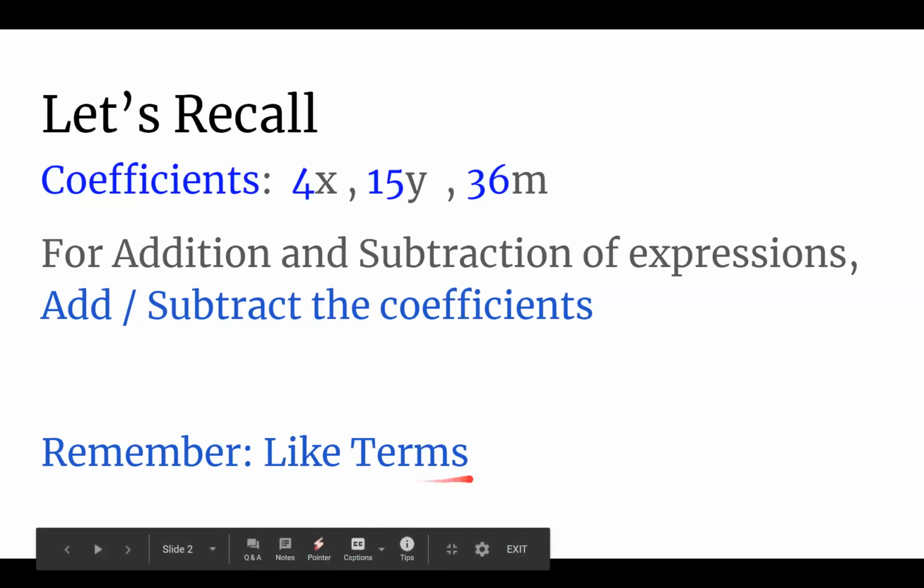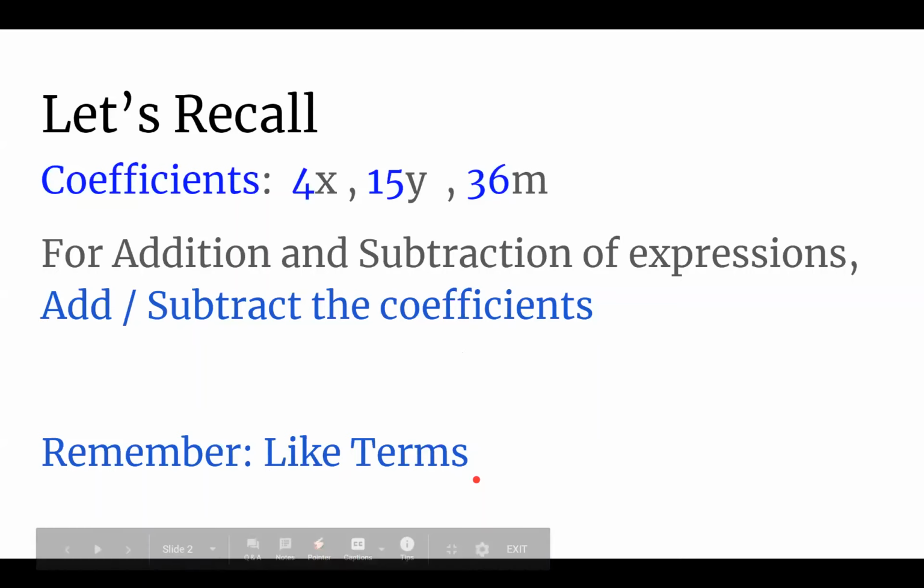So if we have like terms that contain the same variable, they all contain an x, they all contain a y, then only we add or subtract the coefficients before them. So over here in my three examples, all of these expressions do not show any like terms because the variables are different. They are x, y, and m. They don't belong to the same family.